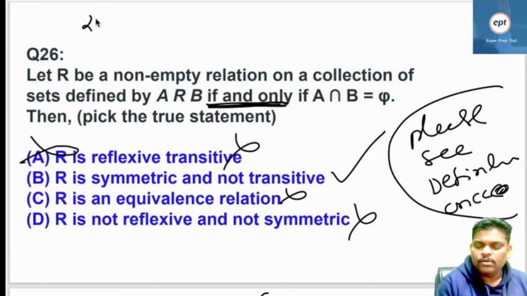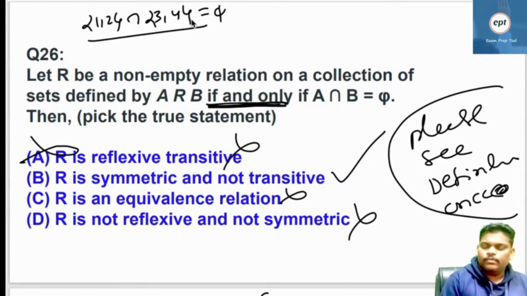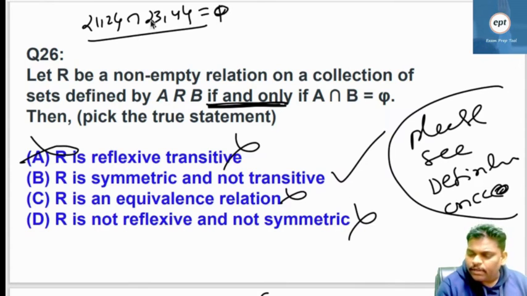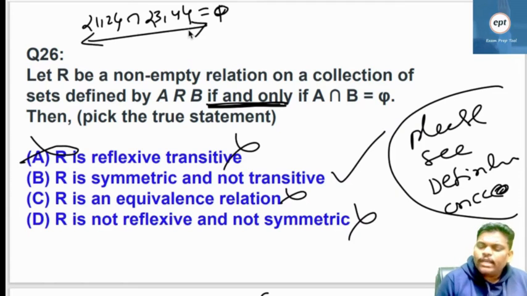Can you see this one? {1,2} intersection {3,4} is empty, so they are related. You take any pair, {1,2} intersection {3,4} is empty. They are related, which means the reverse is also possible. If you take {3,4} intersection {1,2}, possible.